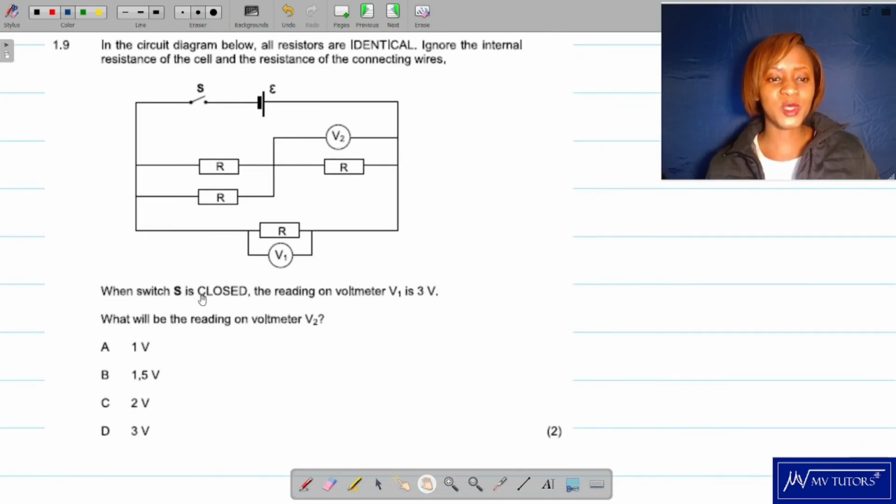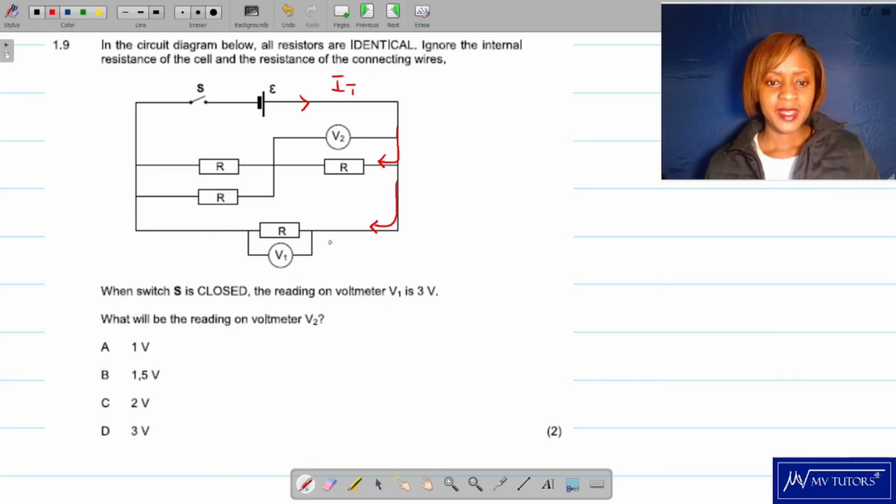When switch S is closed, the reading on the voltmeter V1 is 3. What will be the reading on voltmeter V2? So you have current moving along. This would be the total current, right? And then this current splits. It splits in this direction, and then it splits in that direction.